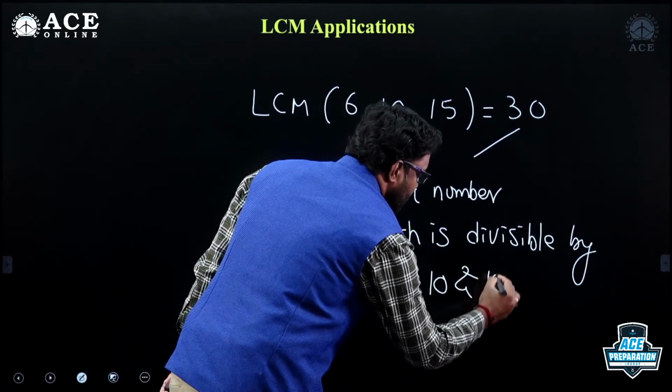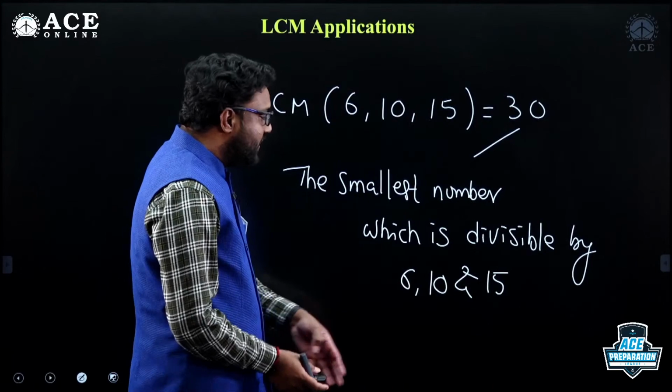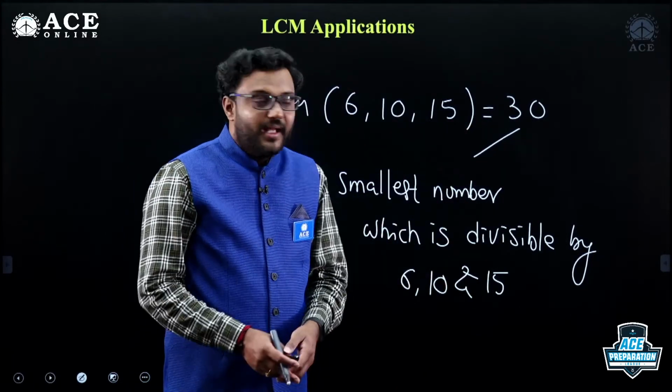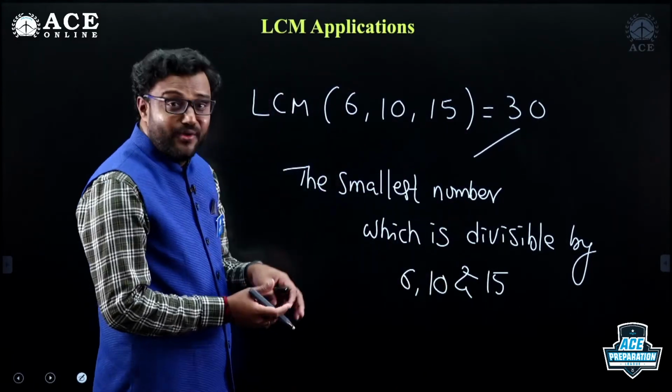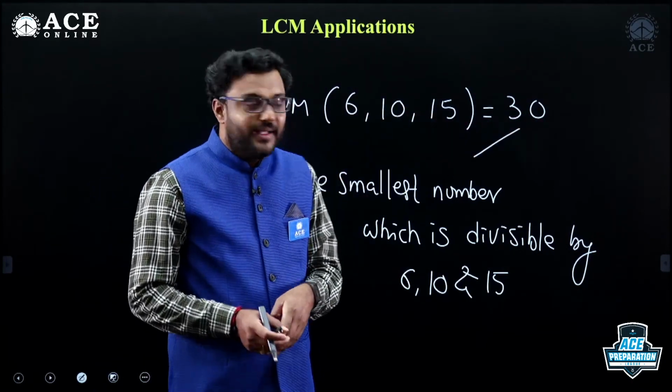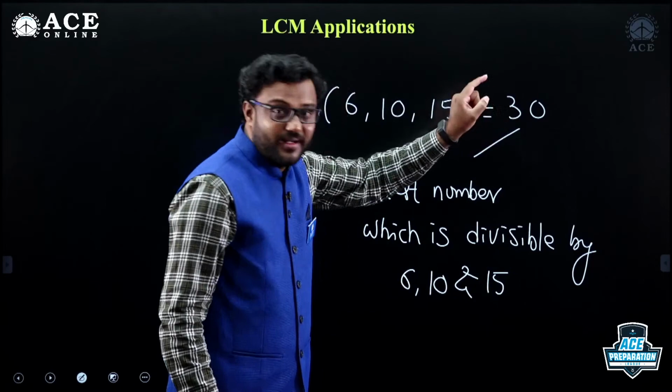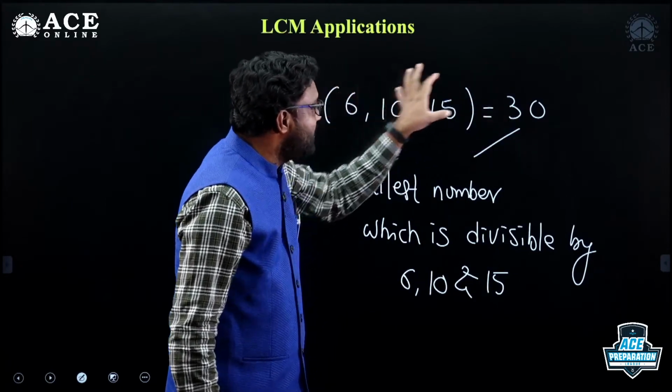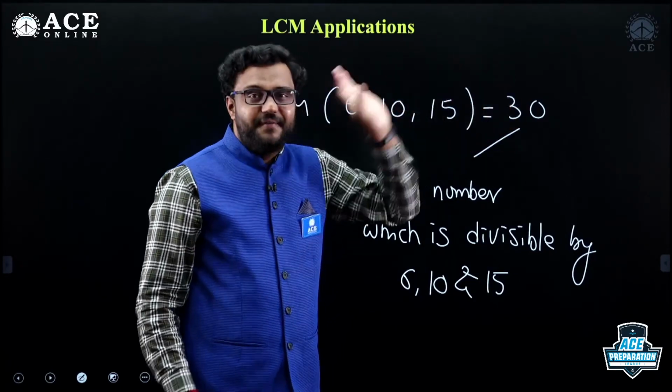In LCM, a group of numbers is attacking one number, and this is the smallest number which is divisible by 6, 10 and 15.